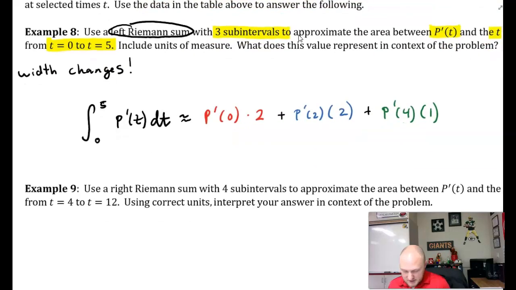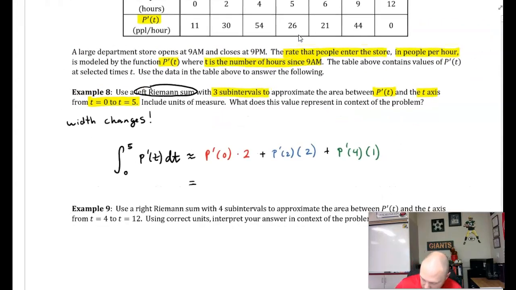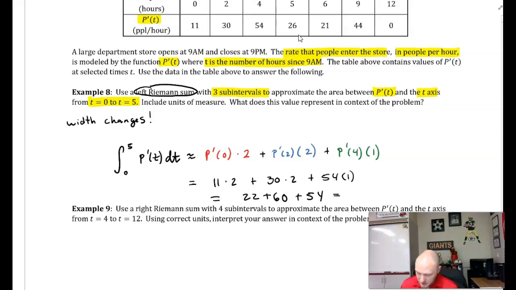Okay, so this is going to be equal to p prime of 0, that was 11, so 11 times 2, plus p prime of 2, that was 30 times 2, plus p prime of 4 was 54 times 1. So this gives us 22 plus 60 plus 54, and that's going to be equal to 136.